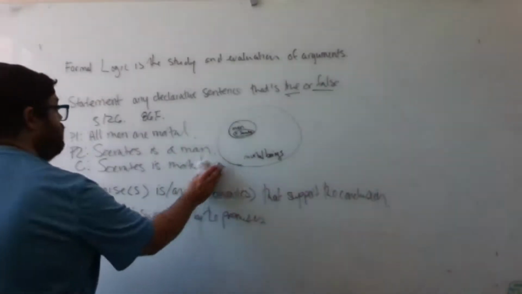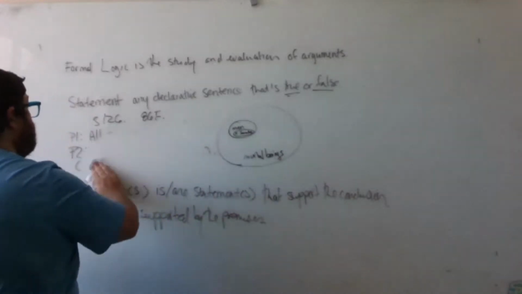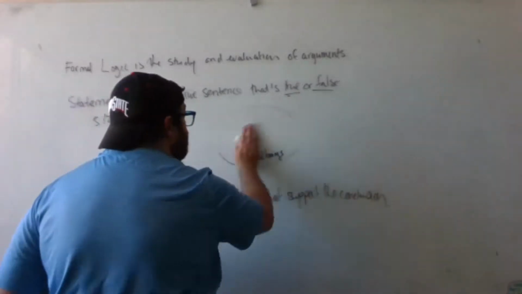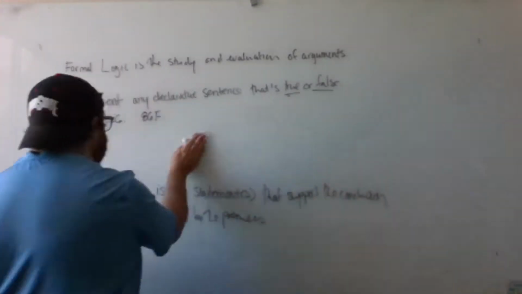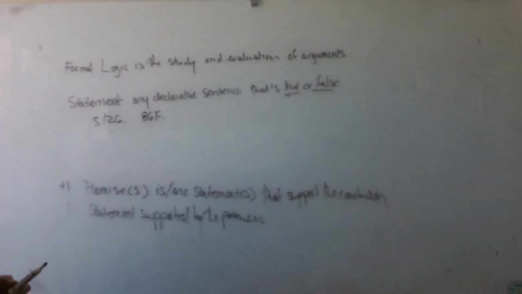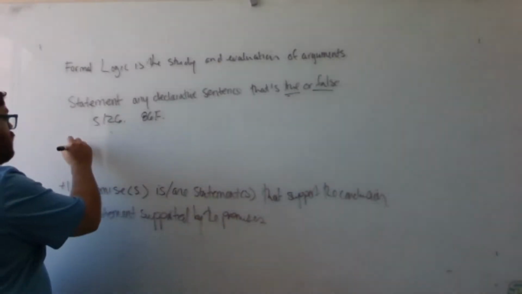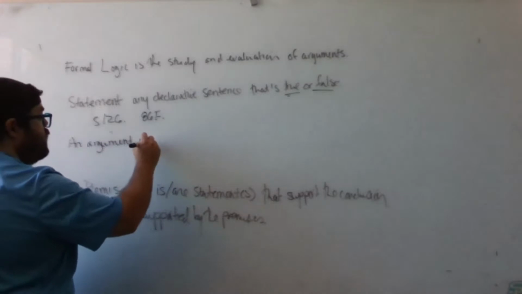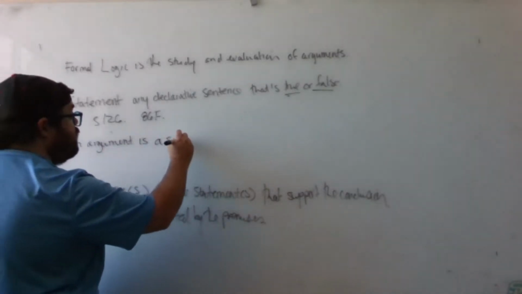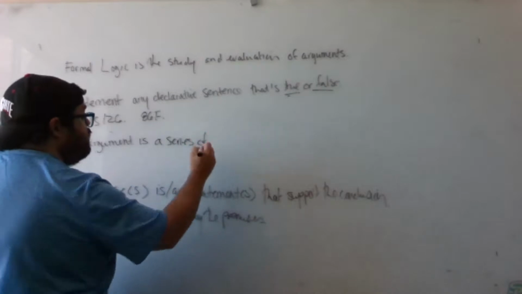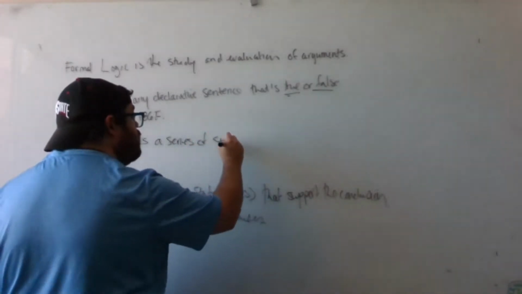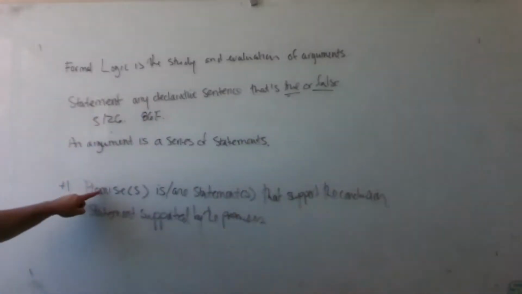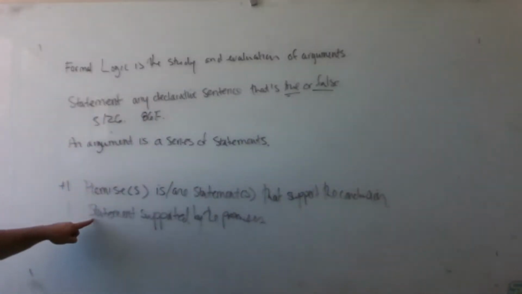So, from these examples, we can now define what an argument is, given this structure. So let me just put this together, right? So, an argument is a series of statements, right? So premises are statements, conclusions are statements, right?